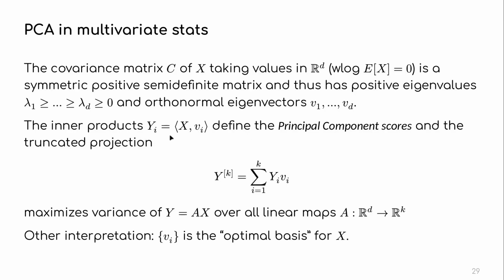For example, if I take the inner products with my eigenvectors vi, those give me the principal component scores. And if I express my data using this basis and maybe truncate it, this is basically a dimensionality reduction operation, right? I can reduce the dimensionality of my data.